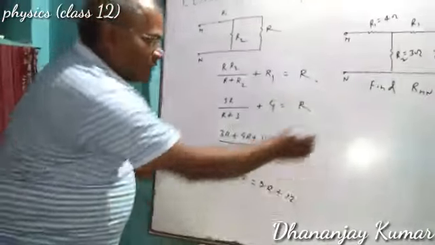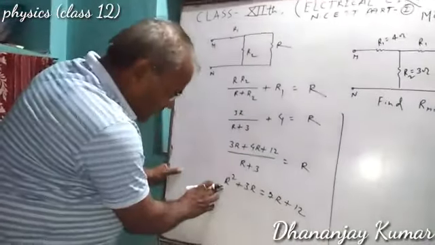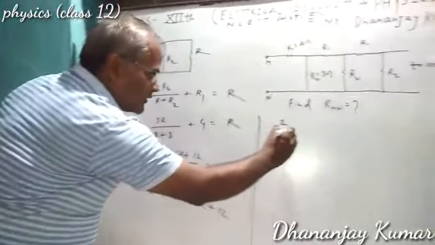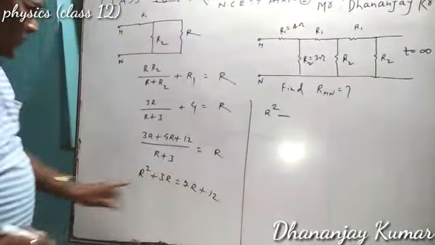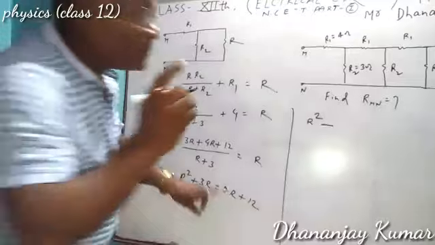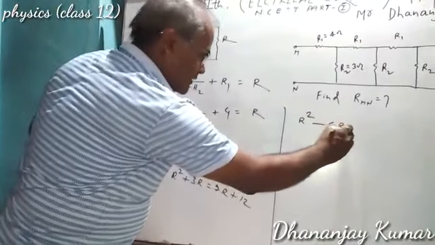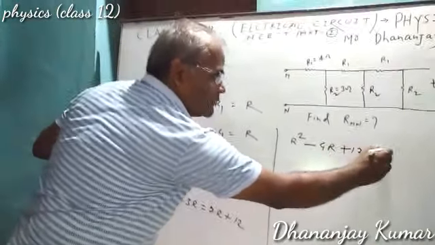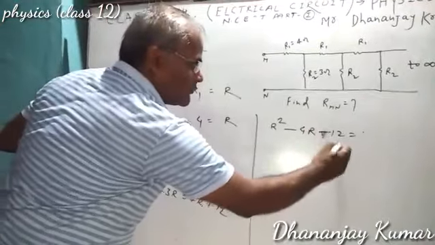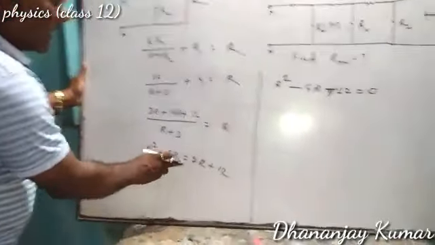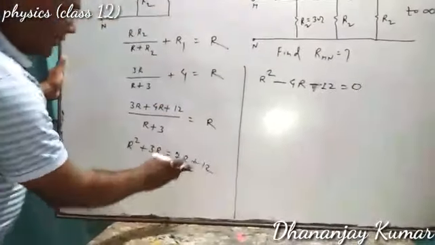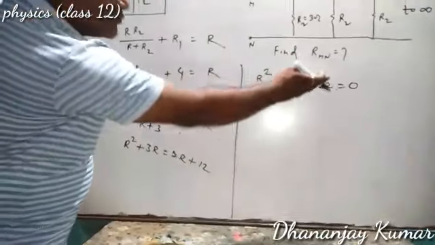And so the equation is R squared minus 3R minus 7R, 3R minus 7R, that will be minus 4R, minus 12 will be equal to 0.